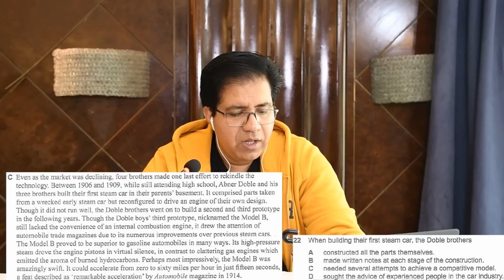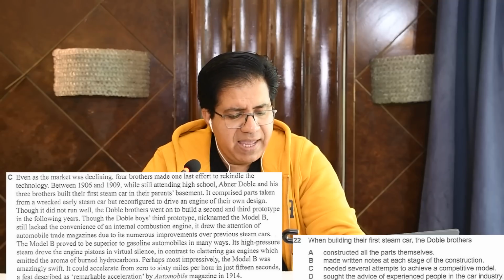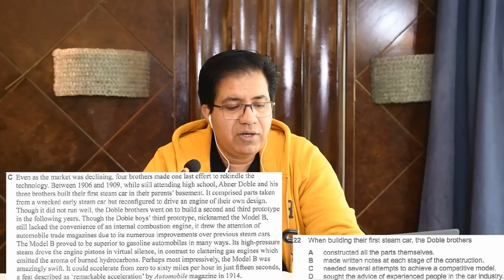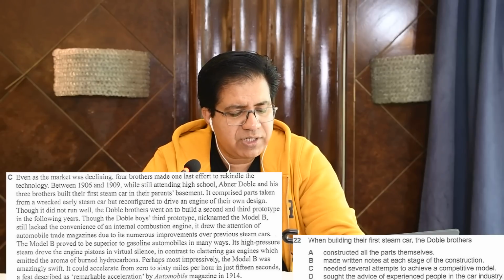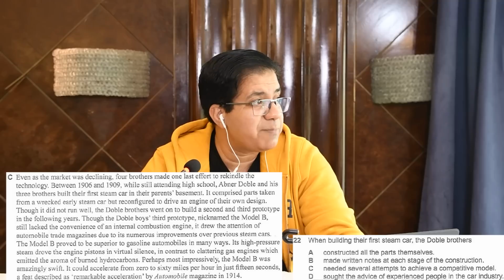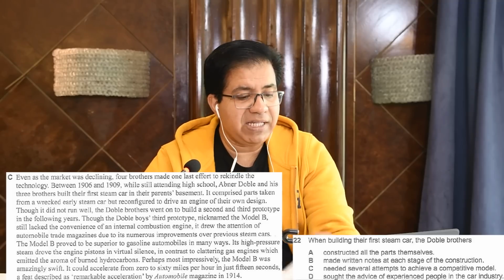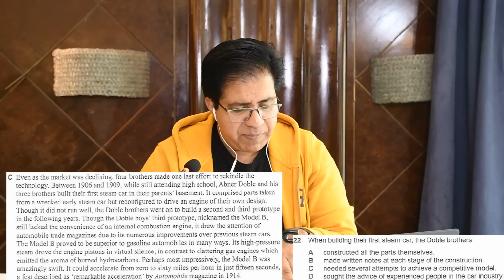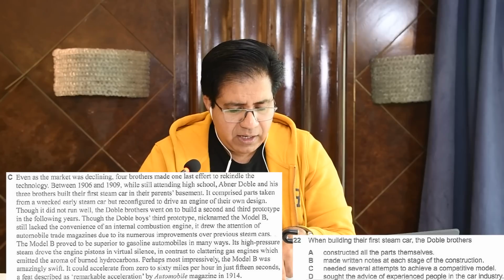No. Option B, made written notes at each stage of the construction? No, not mentioned. Option C, needed several attempts to achieve a competitive model? Yes, prototypes. Several attempts means they made prototypes. It's mentioned here very clearly.